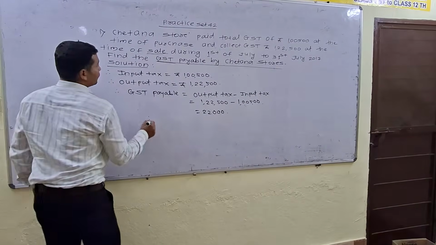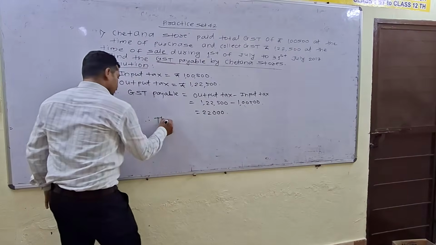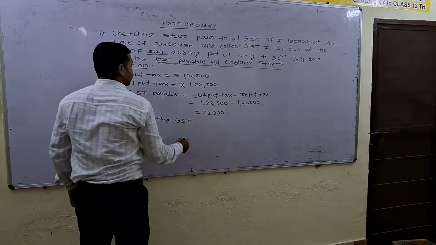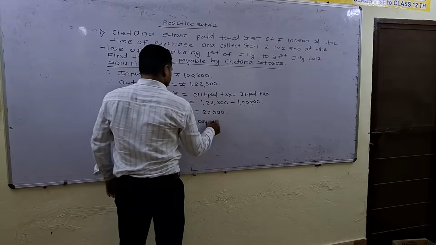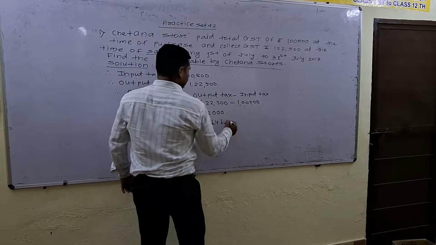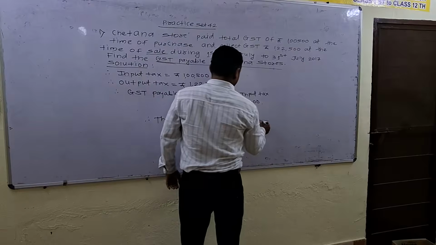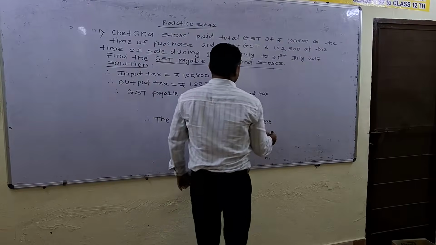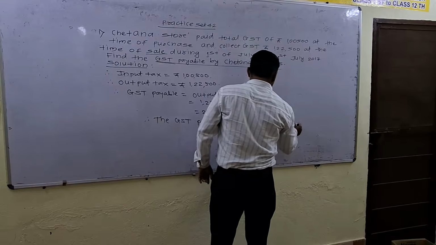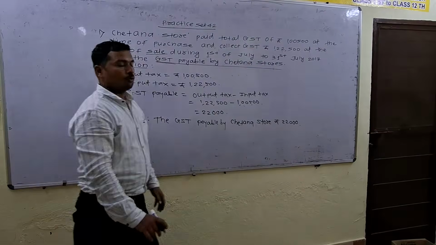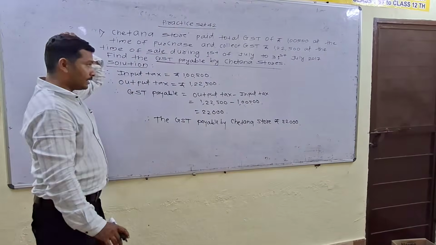So write down there: the GST payable by Chestnut Store is 22,000 rupees. That is the right answer. How much GST is paid by Chestnut Store? 22,000 rupees. That is your right answer.